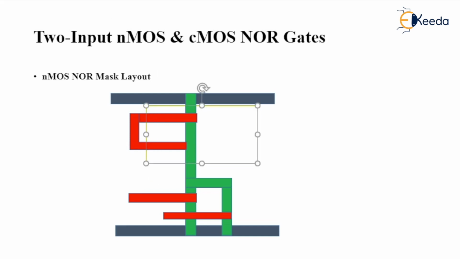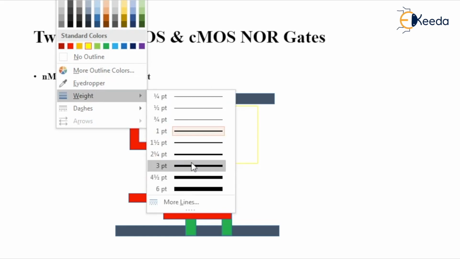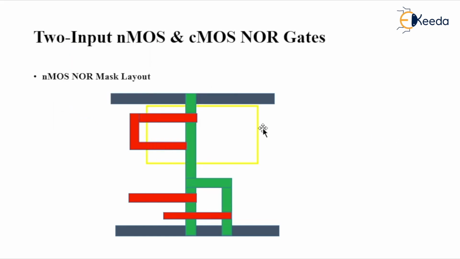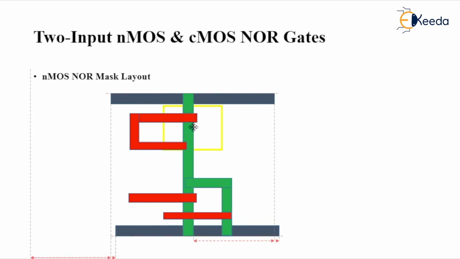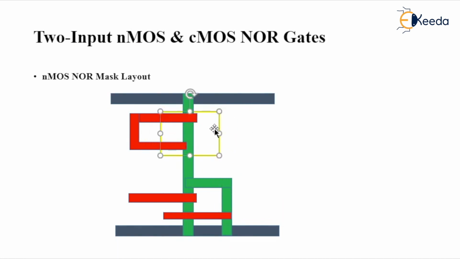So implantation completed, polysilicon with the depletion completed, A and B connected in parallel.